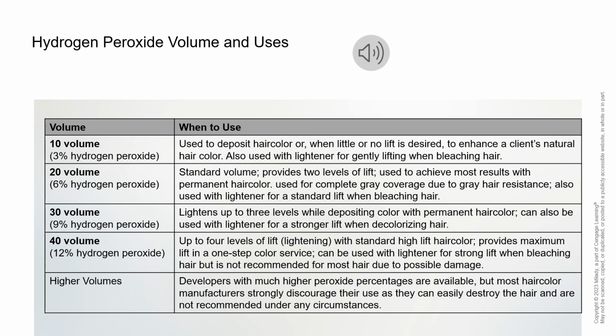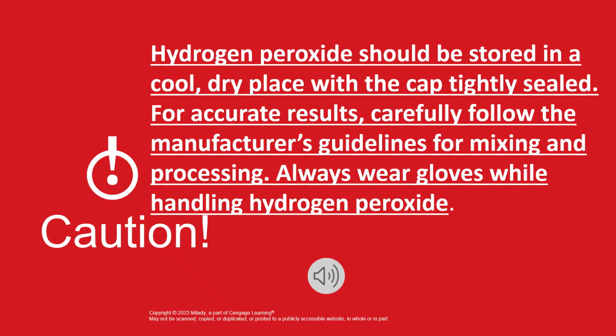Can be used with lightener for strong lift when bleaching hair but is not recommended for most hair due to possible damage. Higher volumes. Developers with much higher peroxide percentages are available, but most hair color manufacturers strongly discourage their use as they can easily destroy the hair and are not recommended under any circumstances.